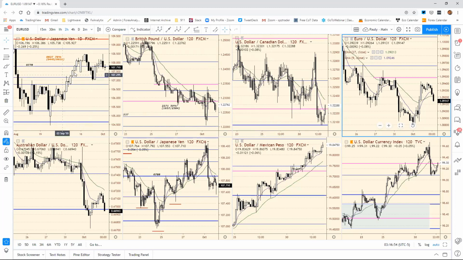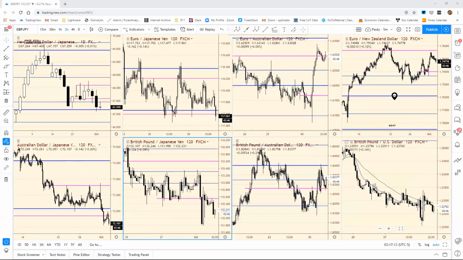Let's move on here onto the cross rates. The Aussie yen is continuing to slide back here.